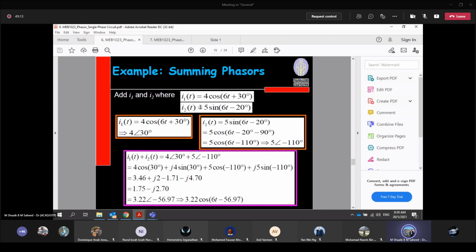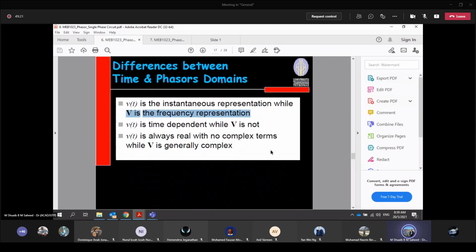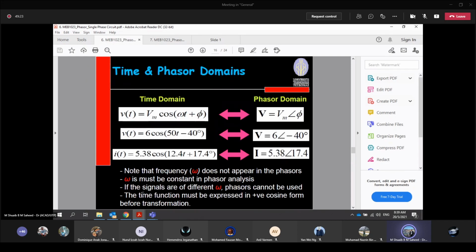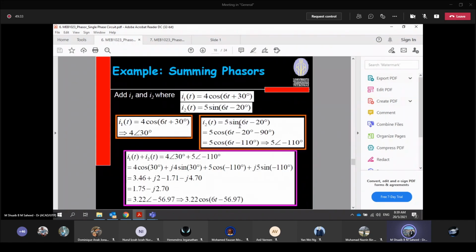Now let's look at the second current. It is given in the format of 5 sine(60t minus 20). Remember, the time function must be expressed in positive cosine form before transformation. Now this is in the sine form, so we need to change it into cosine. How to do that?